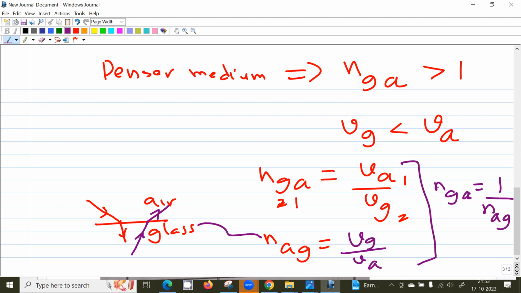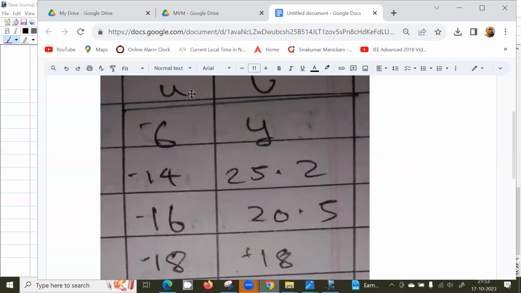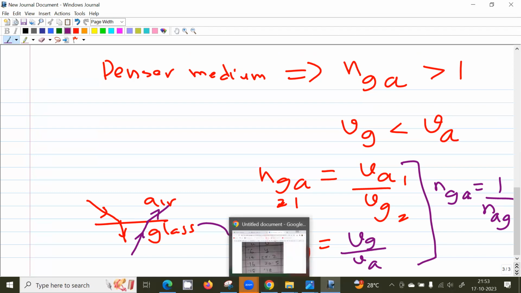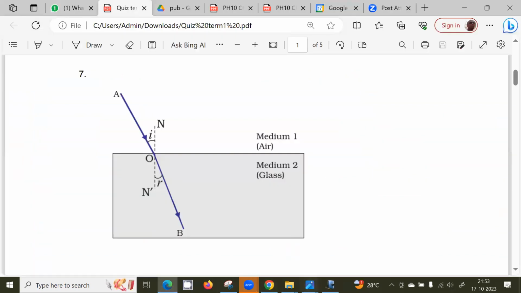So in a denser medium, the light will go towards the normal. You can understand that from this picture.